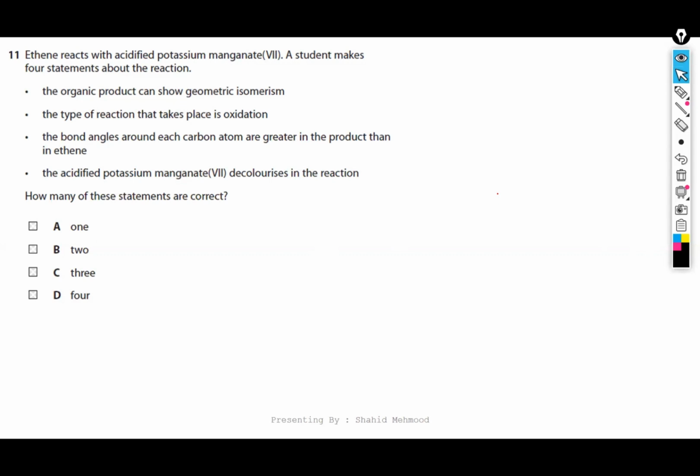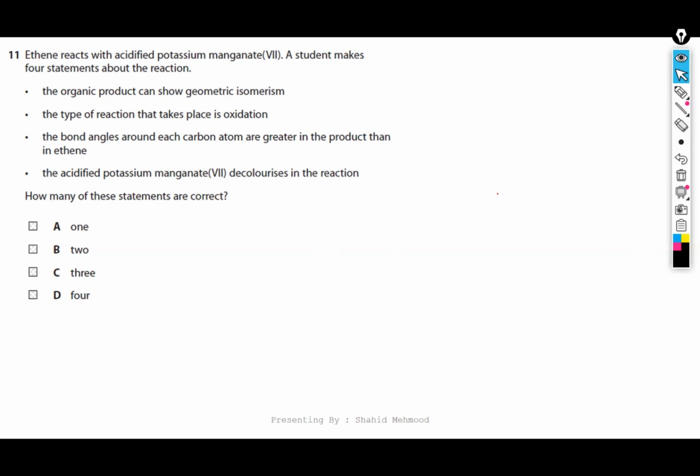Ethene reacts with acidified potassium manganate(VII). Four statements about the reaction are given below. The organic product can show geometric isomerism. The type of reaction that takes place is oxidation. The bond angles around each carbon atom are greater in the product than in ethene.